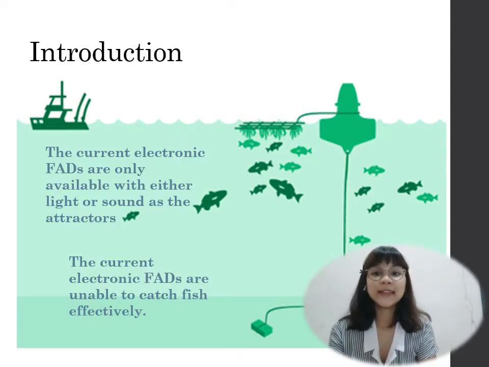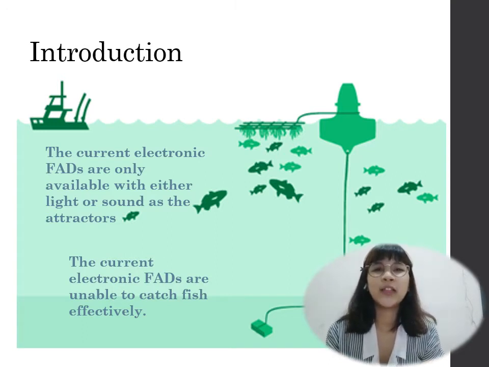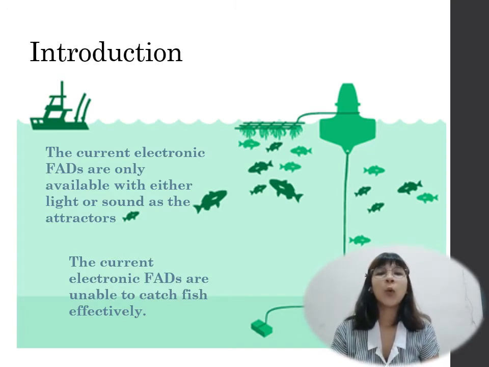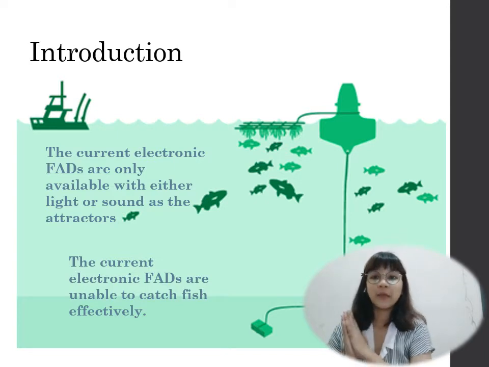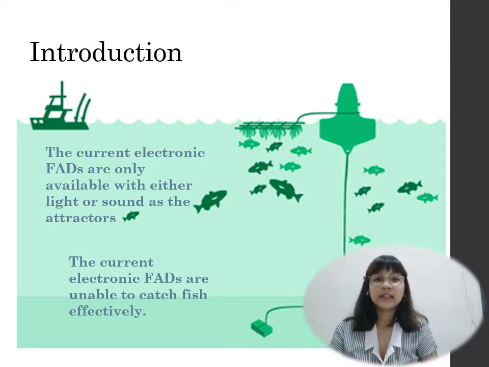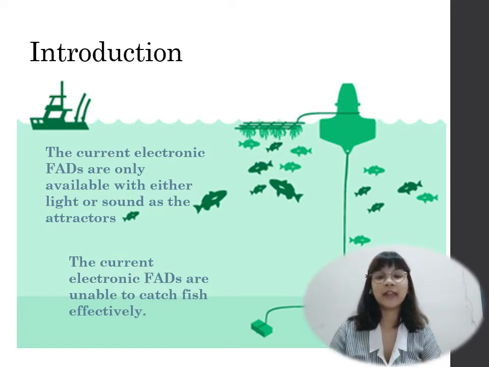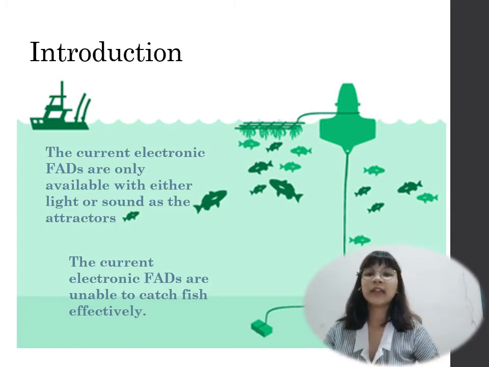So as we can see in this slide, there is an illustration about FAD. Like what my friend said before about what FAD is, I'm going to explain a little about how FAD works. In this illustration, it shows the basic FAD. The difference between the basic FAD and the electronic FAD is in the attractors.